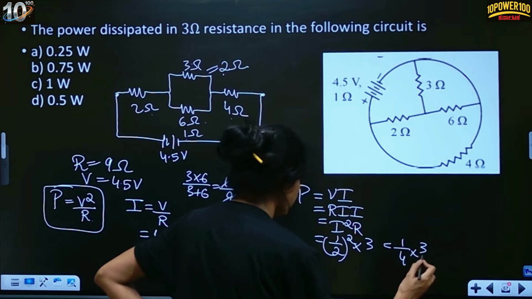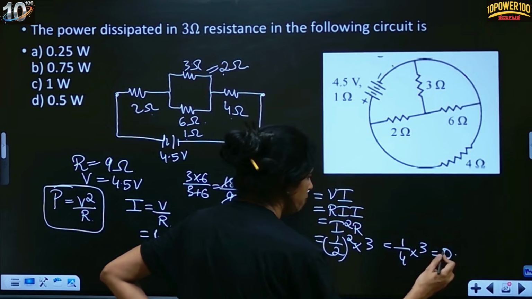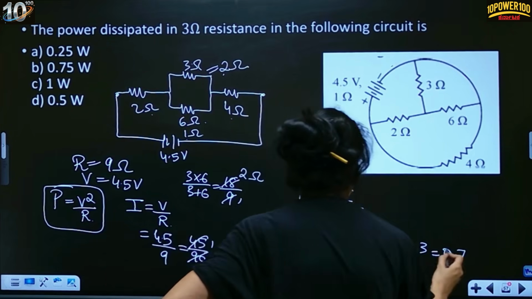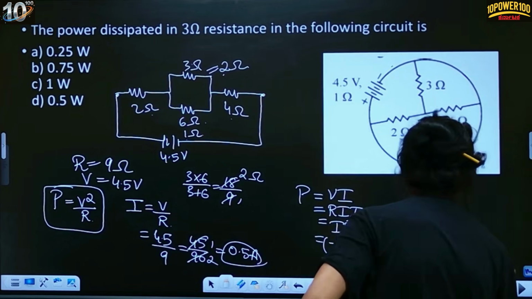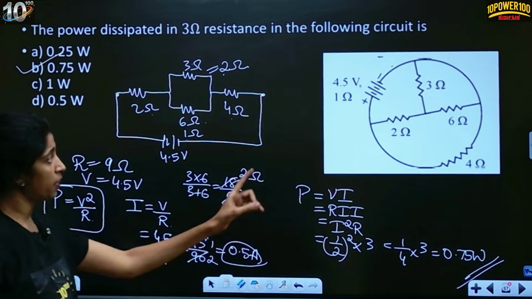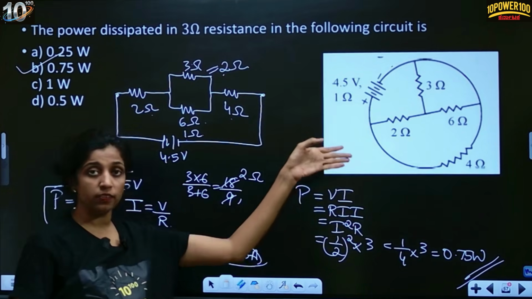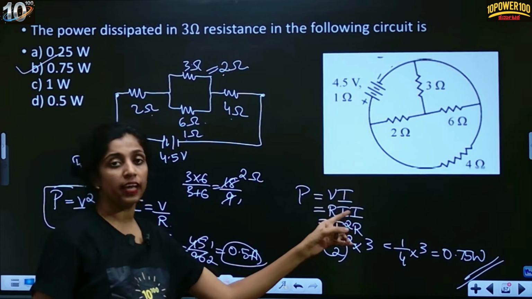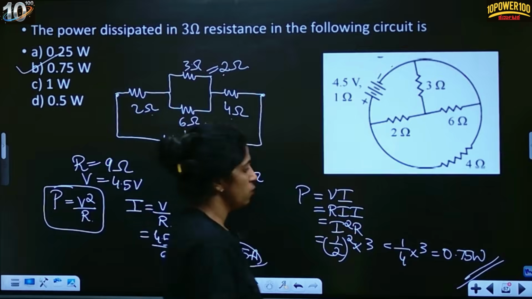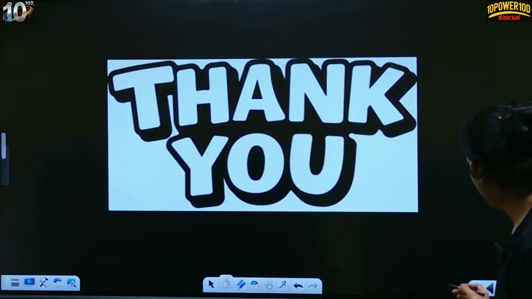You will get nearly 0.75 watt. So option B is the correct answer. Even the other formulas are correct, but current will get divided across the 3 ohm because it's in parallel. That's the reason you have to take a formula which has current as well as resistance.